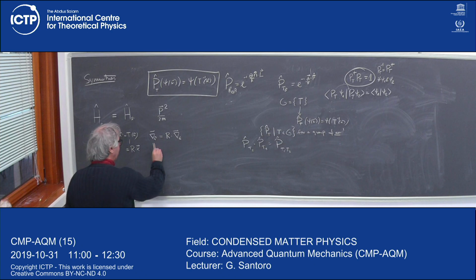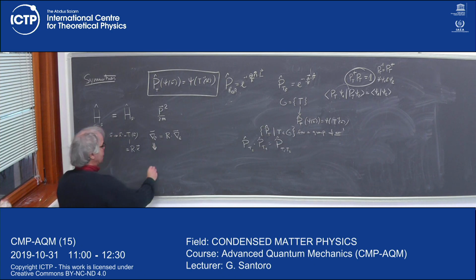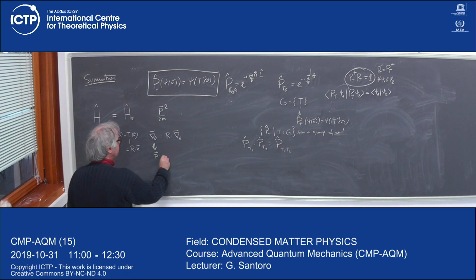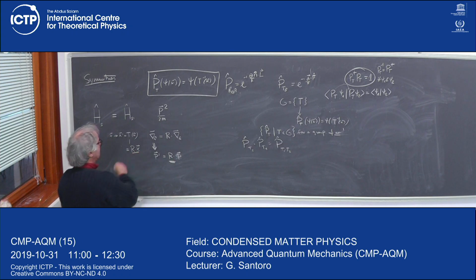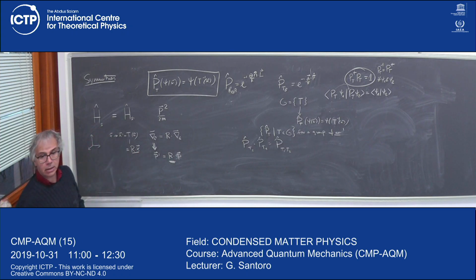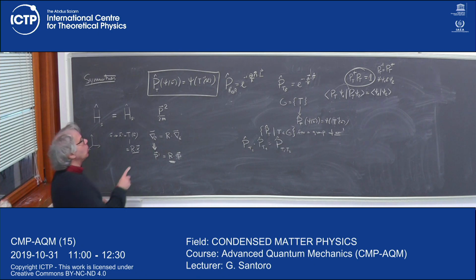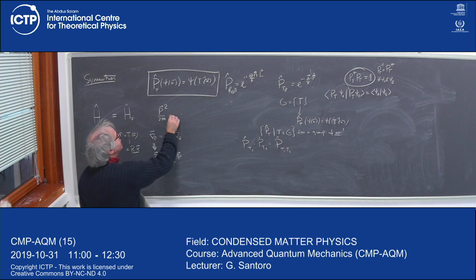Which implies, if you multiply by minus i h bar, that the new momentum is equal to the rotation of the old momentum. In other words, the momentum in the x and the momentum in the x prime are related by the same rotation matrix that rotates the points. Is it clear? Good.